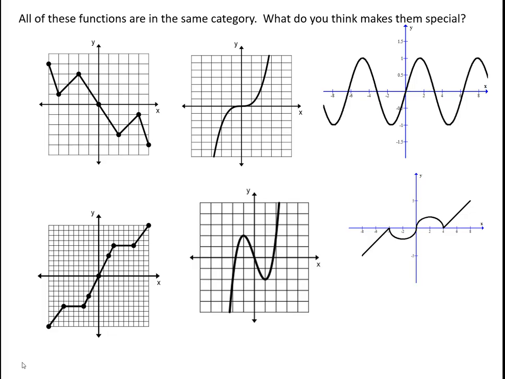Now these functions clearly are not the same on both sides of the y-axis, so what makes them special? Ooh, if this graph is rotated 180 degrees, it's the same on the other side. Ooh, that should look familiar. That's a sine graph.